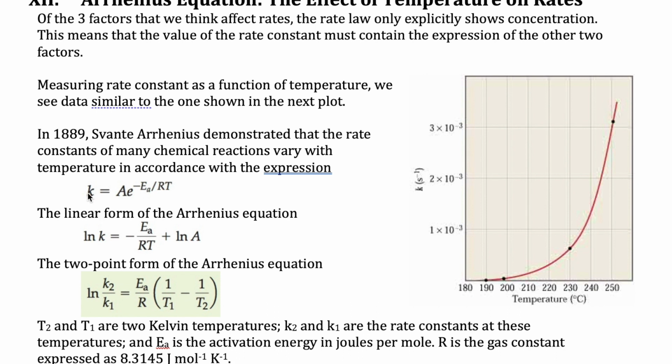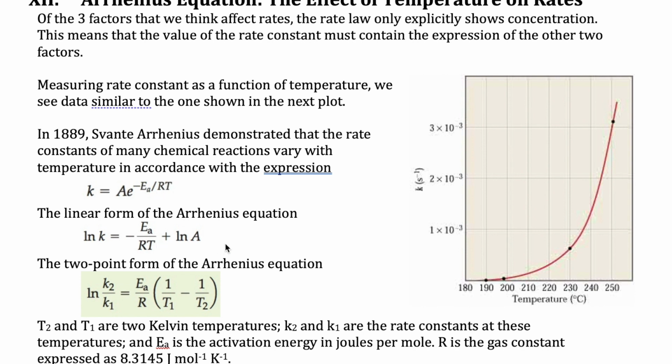And so he came up with this equation: the rate constant is equal to A. This is a different A than the concentration A that we've used so far, so you can see there are no brackets there. This is what we call the pre-exponential factor, times e, your natural exponent, to the power of negative Ea over RT. R here is a quantity you're familiar with. It's the gas constant that we used back in Chem 11, and T here is the Kelvin temperature.